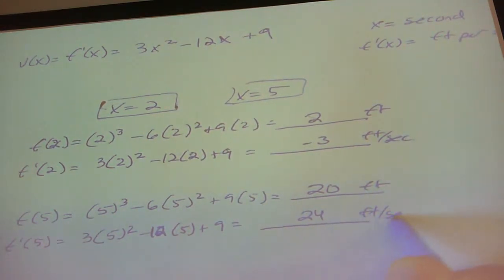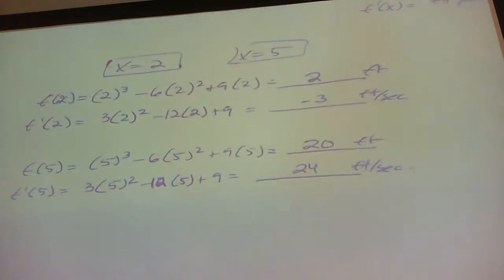This tells me feet per second. Now, what if I did the derivative wrong? If I did the derivative wrong, could that mess up everything? Wouldn't it be nice if the calculator could check my derivative? You think it can? It's better for $100, right? So let's have the calculator check.